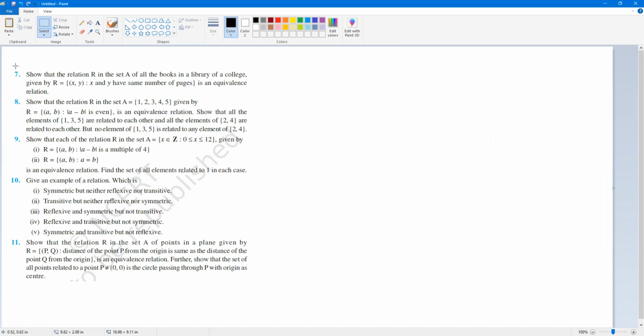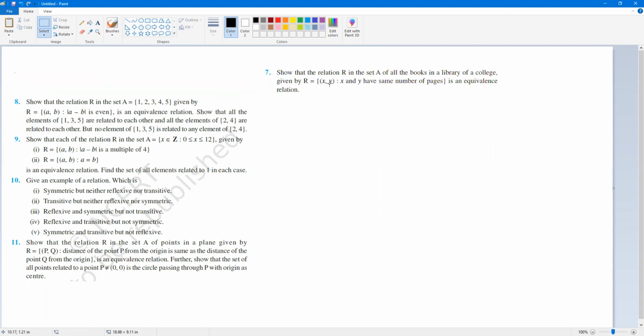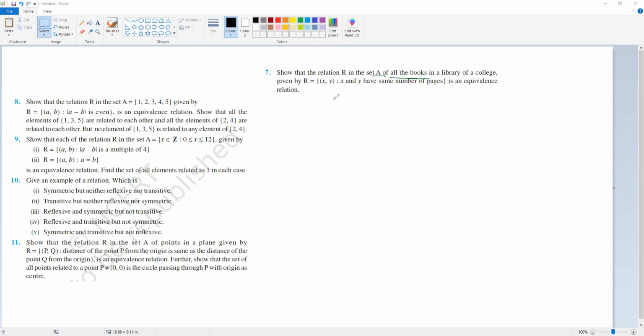Now, next question. Look, show that the relation on the set of all books, that is your set, and the relation is x and y have the same number of pages. Two books have the same number of pages, then those two books are related. We have to prove that it's an equivalence relation.